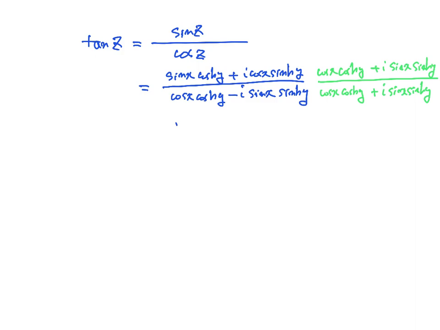It looks a bit complicated, so for now let's just put this way, the numerator and the denominator. It's called denominator. So in Korean, denominator is 분모 and numerator is 분자.